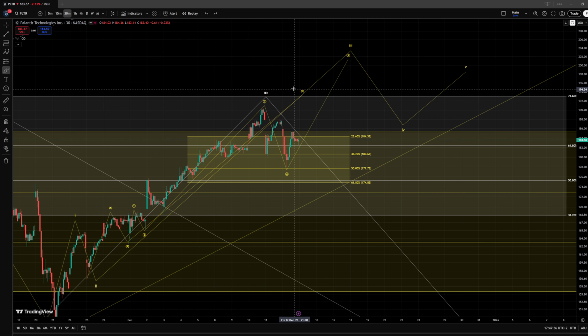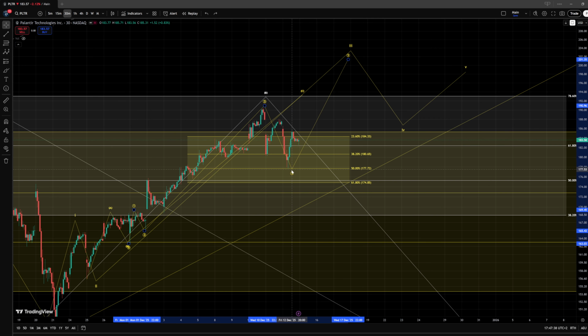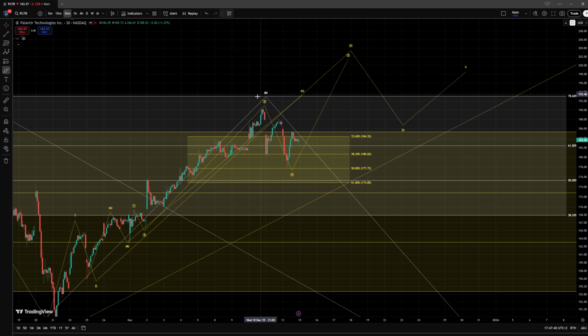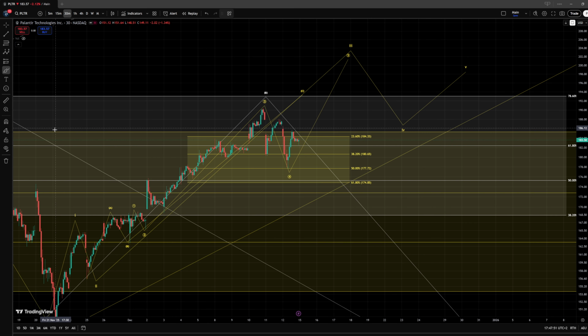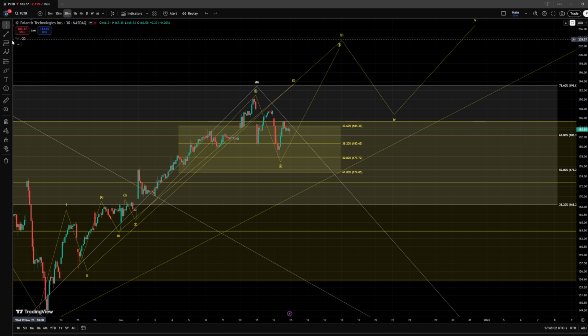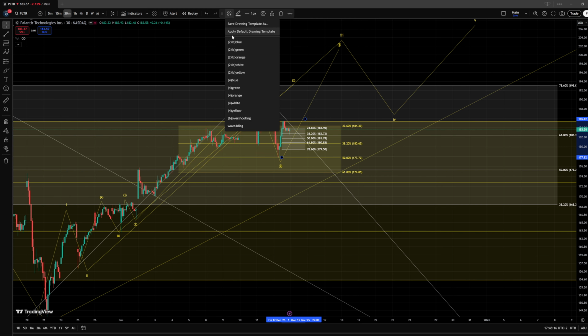But with that said, we seem to be following here quite perfectly the current implementation of our roadmap, so there is no reason to look for the other interpretations. I just wanted to point out that this is not the last level of support that can allow further continuation higher within a larger diagonal structure, within a larger wave A. And for now, we can track here even an internal area of support for continuation in this fifth wave to the upside.